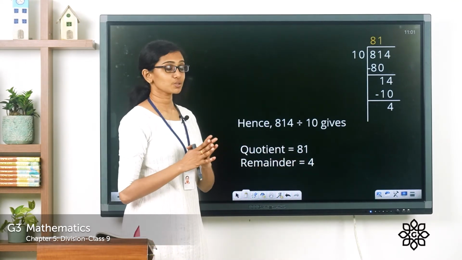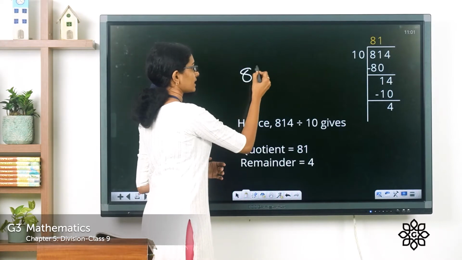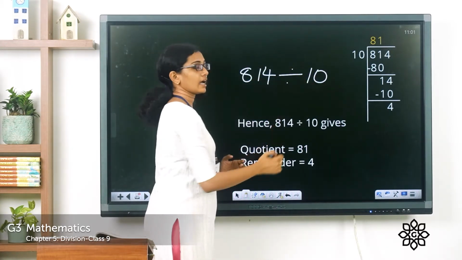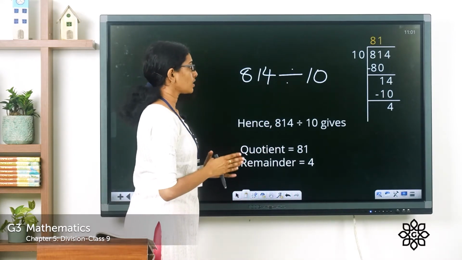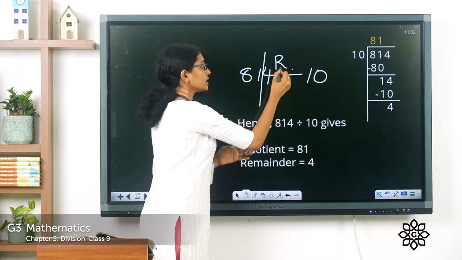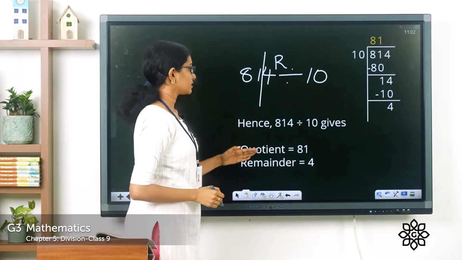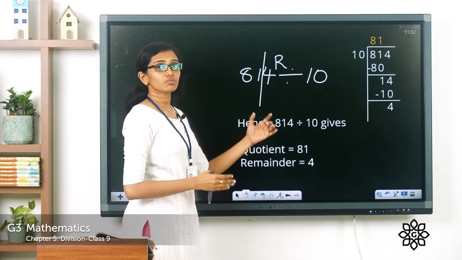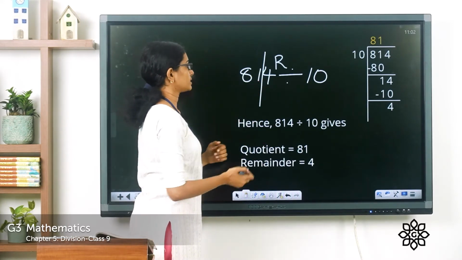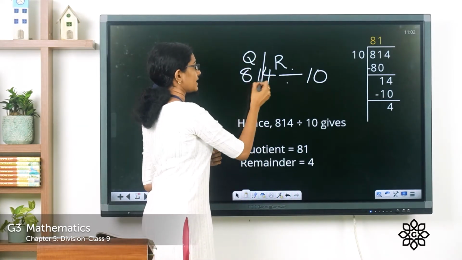Let's look at the numbers once again. Our question was 814 divided by 10. And after the division, we got the remainder which was the ones digit of the dividend and the quotient was the digits which were remaining to the left of the ones digit. So our quotient was 81.